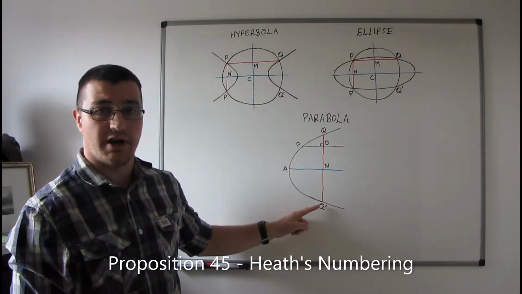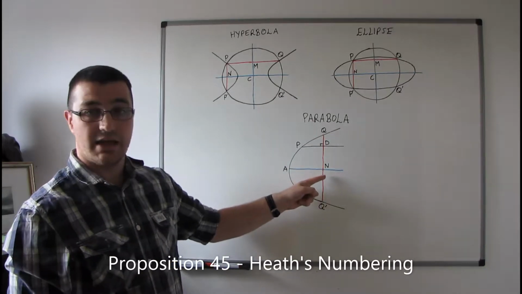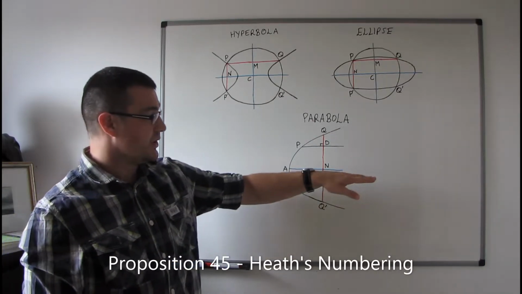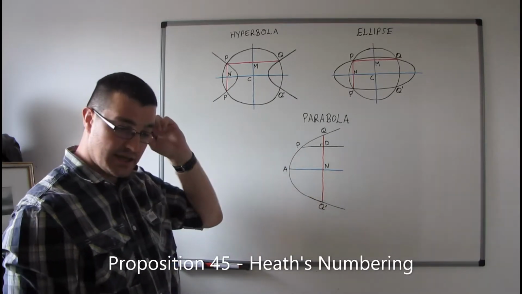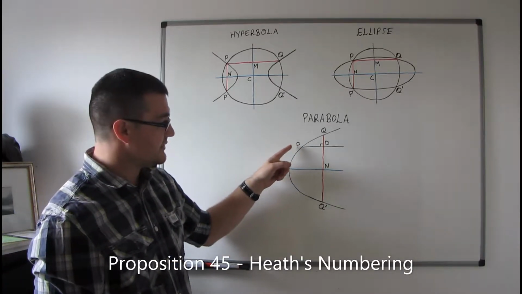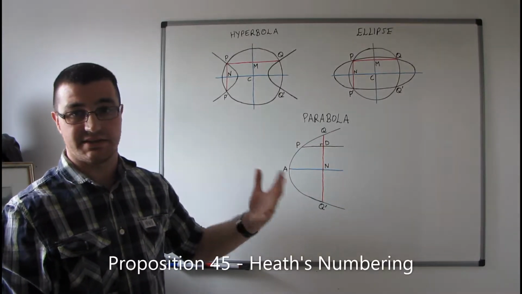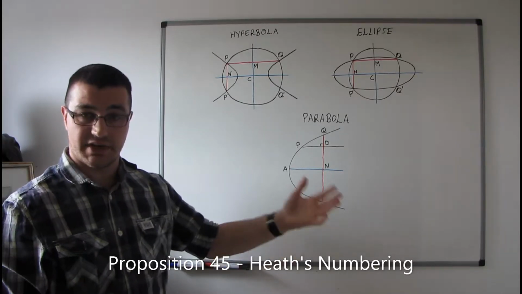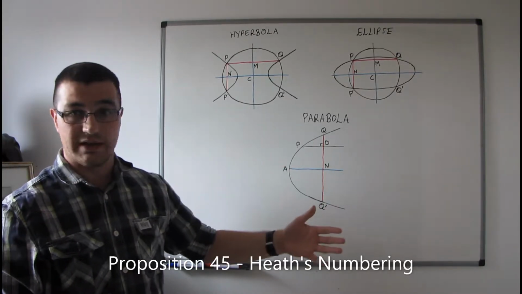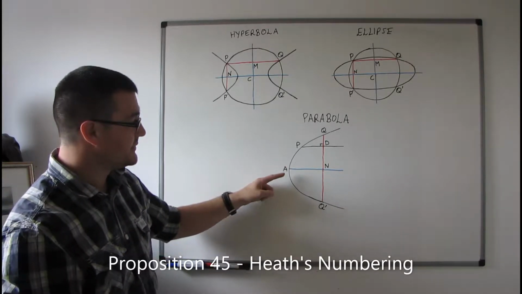So we've got QQ', and then we bisect QQ' at the point N, and we draw a line parallel to PD through N. Since PD is a diameter, it must be parallel to the axis. This is proposition 20, which I proved in one of my earlier videos, I think video 3B.